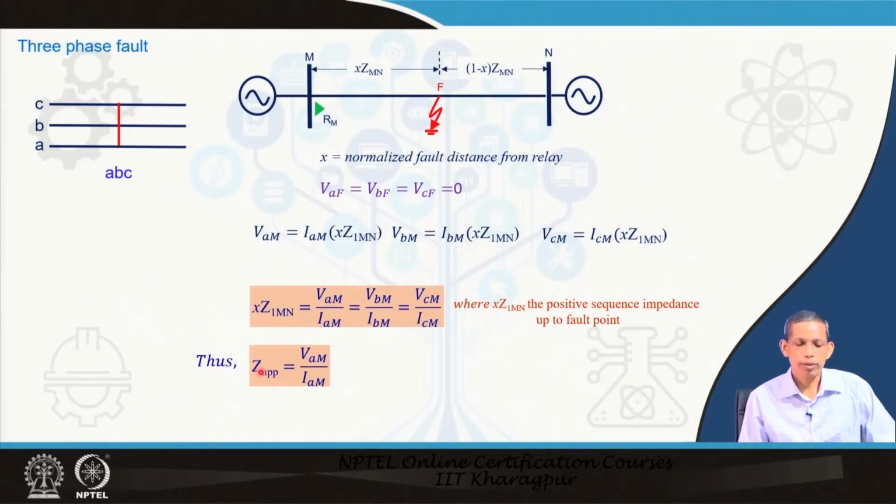Therefore, the Z apparent which the relay has to calculate is nothing but this part, and it can be obtained from VAM by IAM, or VBM by IBM, or VCM by ICM. So, the relations for apparent impedance which the relay will calculate at bus M become VAM by IAM, VBM by IBM, or VCM by ICM in case of a 3-phase fault.